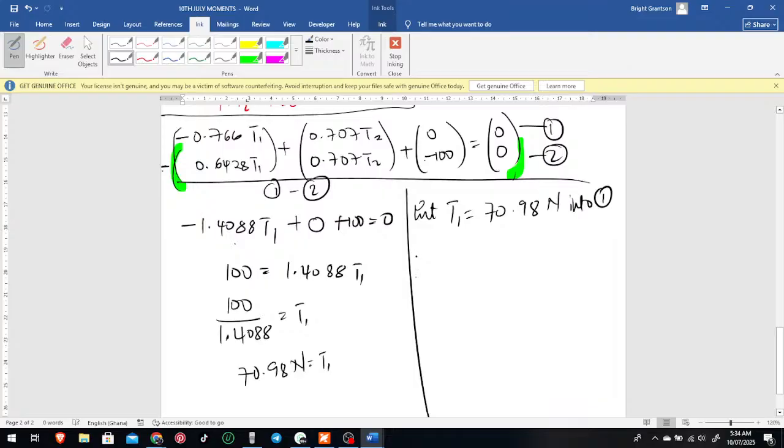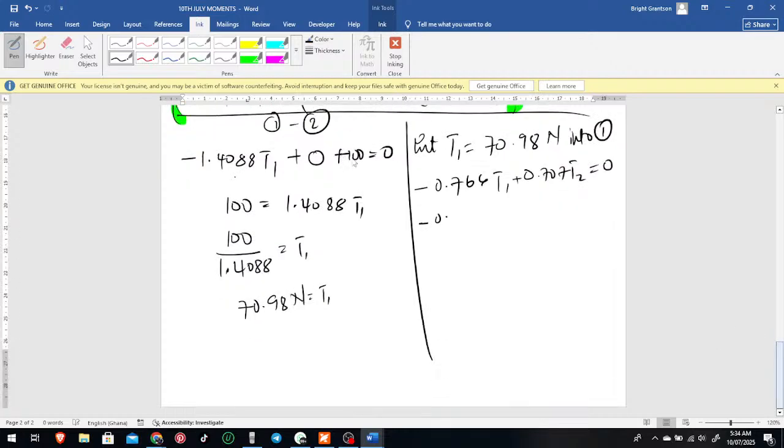It becomes negative 0.766 T1 plus 0.707 T2 equals 0. So let's put the T1 there. Negative 0.766 times 70.98 plus 0.707 T2 equals 0.